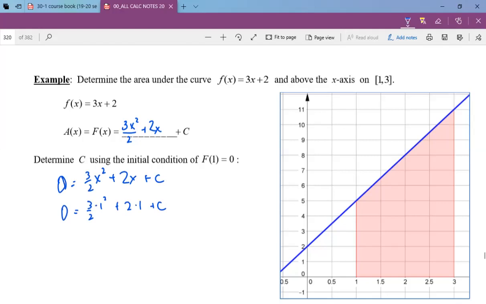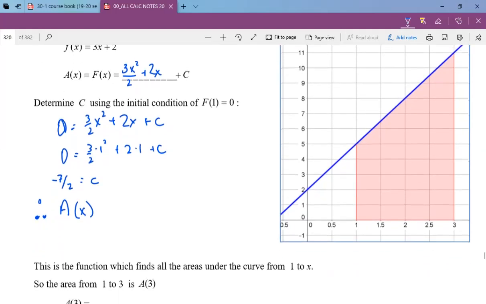We subtract 3 halves and 2 over to the other side, and we get negative 7 halves is equal to c. So therefore A of x is equal to 3 halves x squared plus 2x minus 7 halves, which is what we had up above.